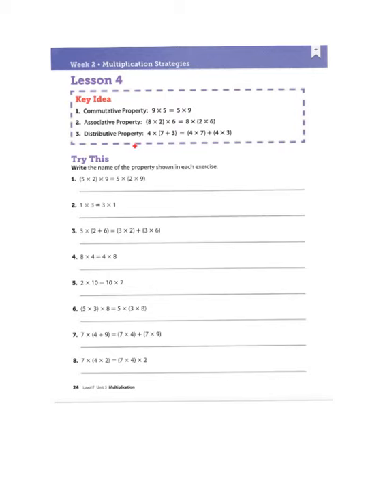And then on the second part, I notice that the parentheses are here. And if I go up to my examples, that is going to fit the associative property. They just moved the parentheses. So number 1 is an example of the associative property.